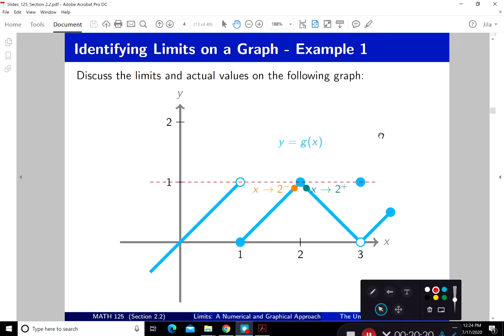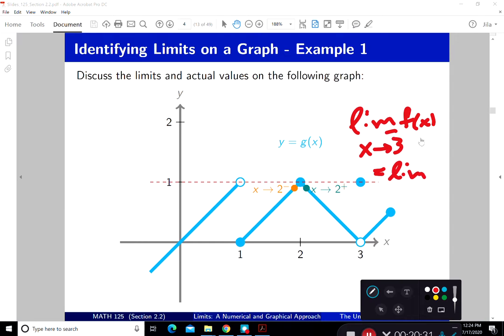So the limit as x approaches 3 from the left of the function is equal to 0. Both predictions from the left and right are saying that the value is supposed to be 0, but that is not equal to the function value, because the function value at 3 is equal to 1.